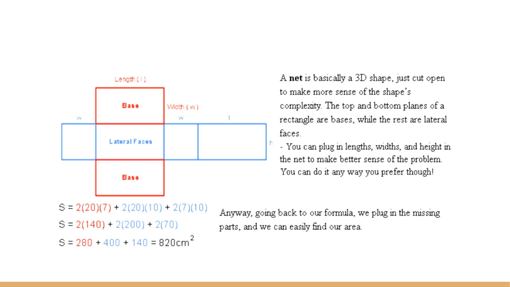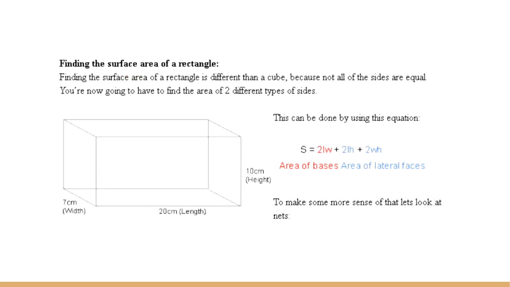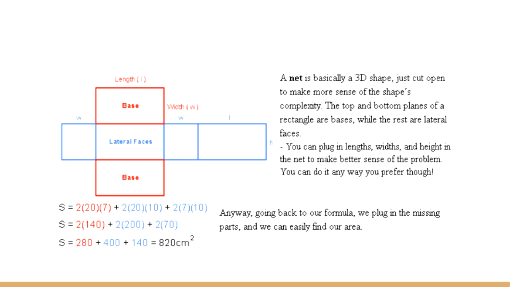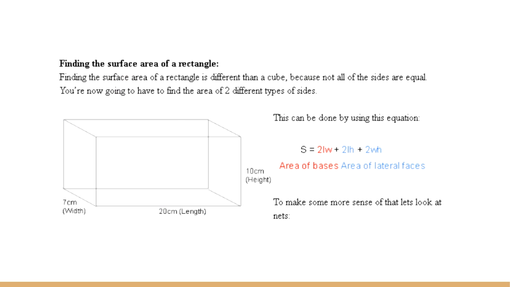So 2 times length times width, that would be 20 by 7. And with the rest, you just multiply the numbers you have to multiply together. With that, we get 2 times 140, 2 times 200, and 2 times 70. So you get 280, 400, and 140, which would equal 820 centimeters squared. And it's just a lot of plugging in.